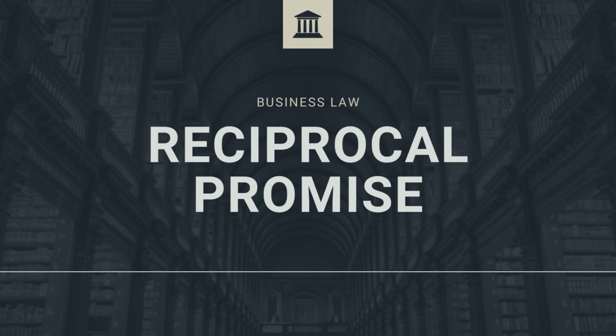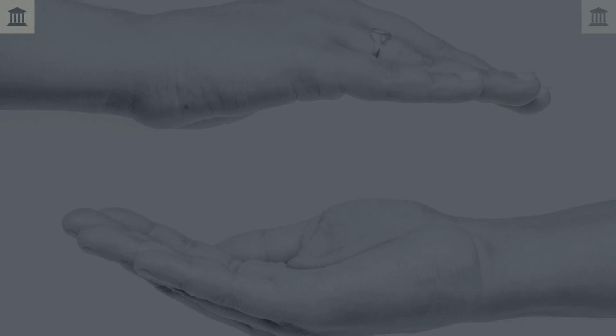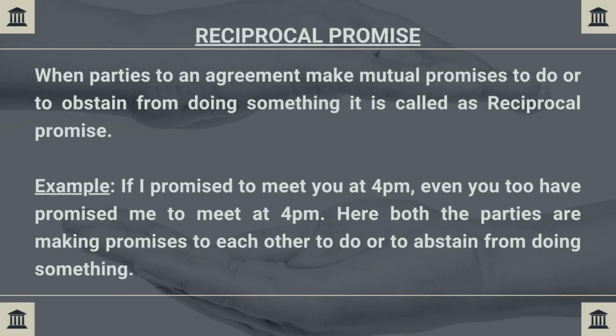Here we have a concept of reciprocal promises. What is a reciprocal promise? Reciprocal promise means when parties to an agreement make mutual promises to do or to abstain from doing something, it is called a reciprocal promise.